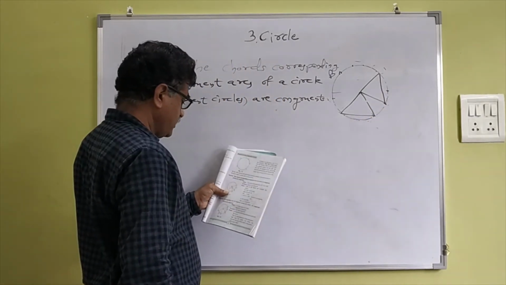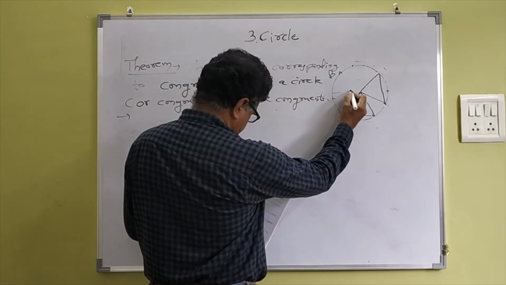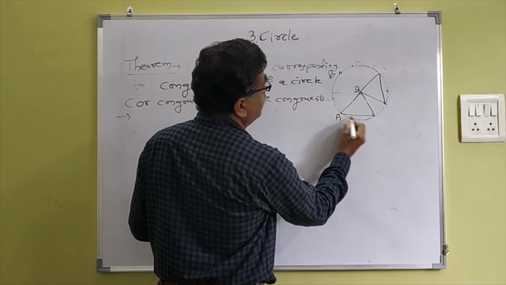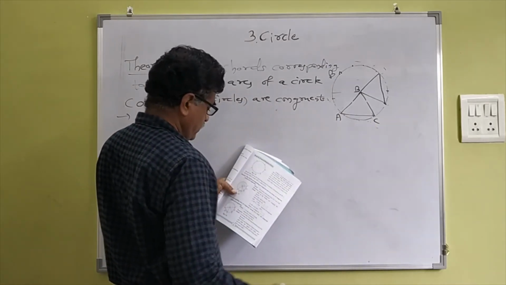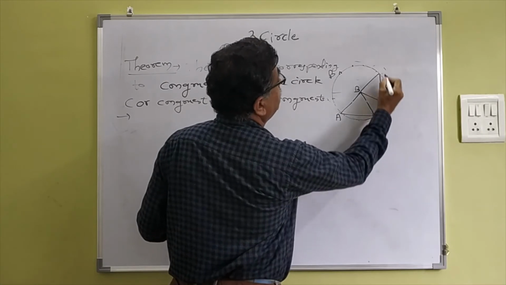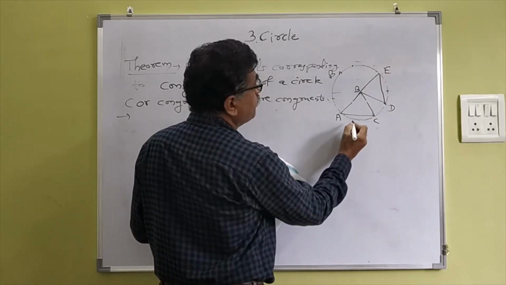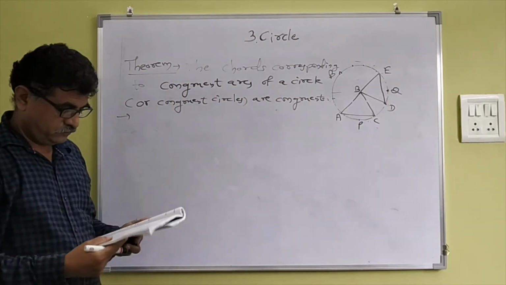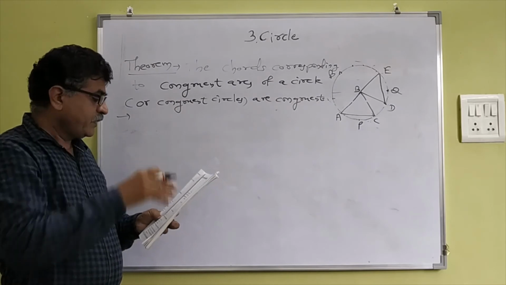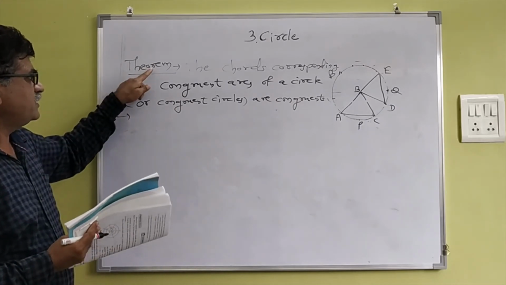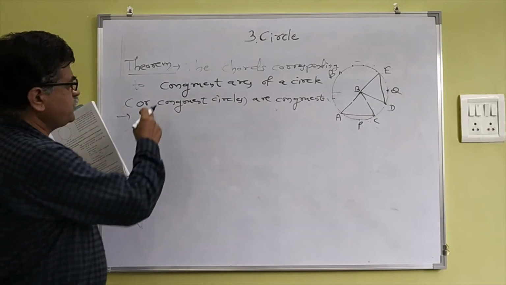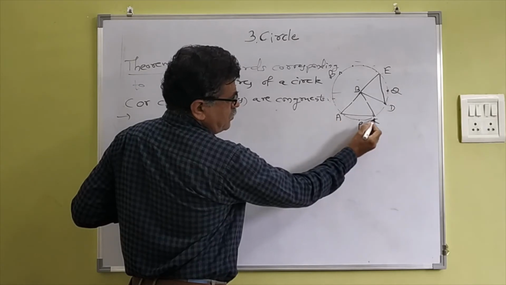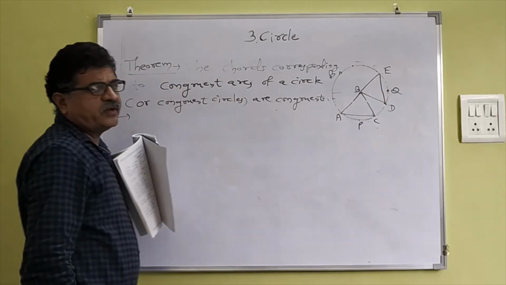Now in this figure, B is the center of the circle. These points are A, C, D, E, P, Q. Now let us see from the statement: the chords corresponding to congruent arcs, that is chord AC and chord DE corresponding to congruent arcs.